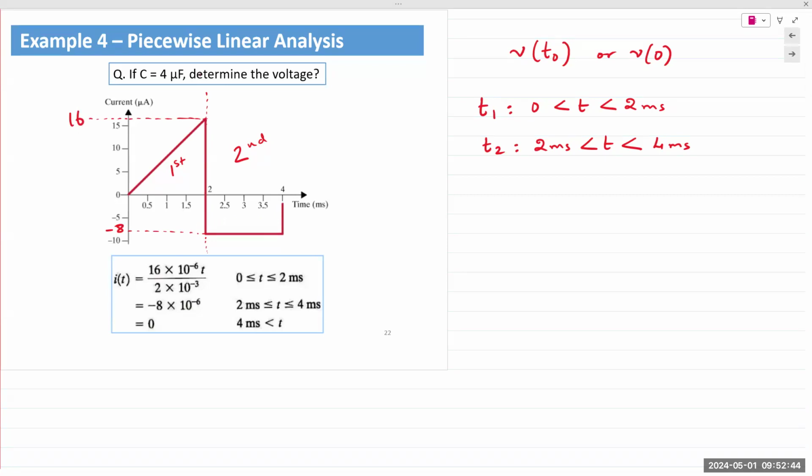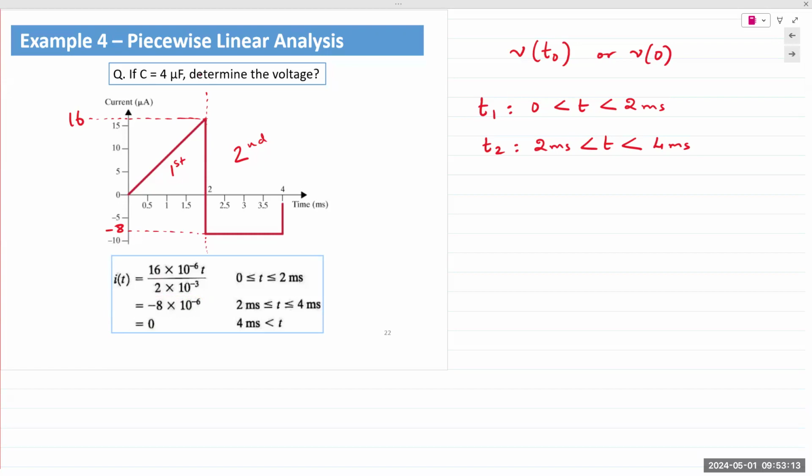Okay, 16 microamps and 8 milliseconds. Sorry, -8. So there is no slope. The value is constant. And so we can simply write I of t has a value of -8 microamps for the second time period. Beyond 4 milliseconds, value is 0. So we don't have to worry about that.